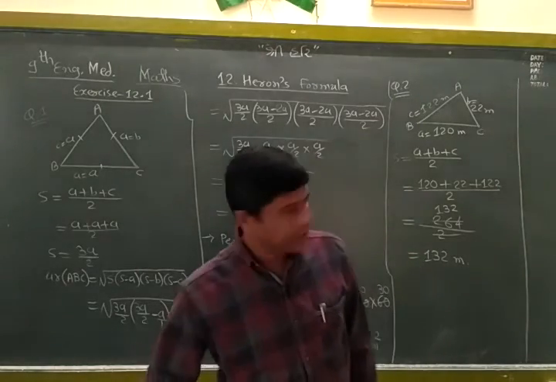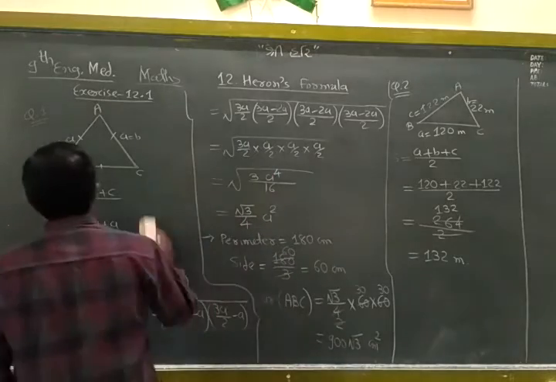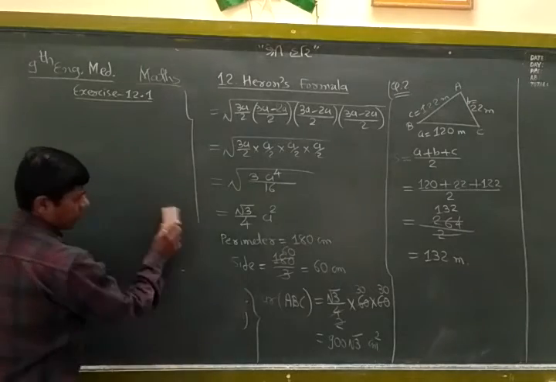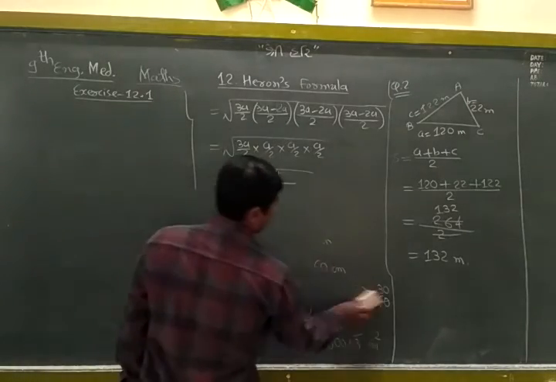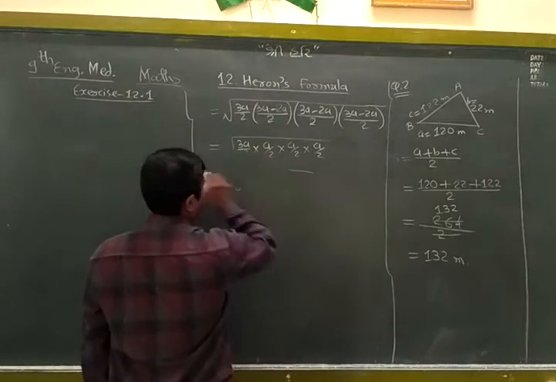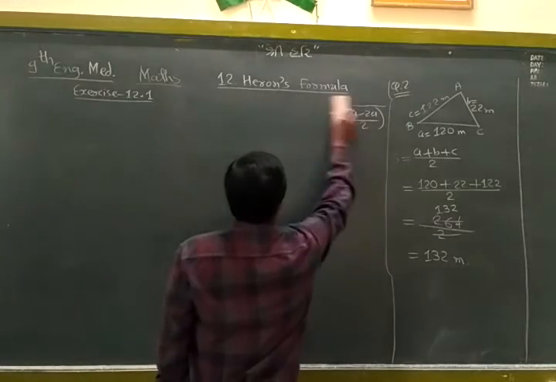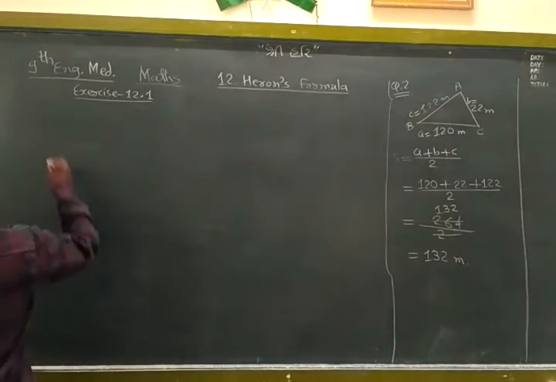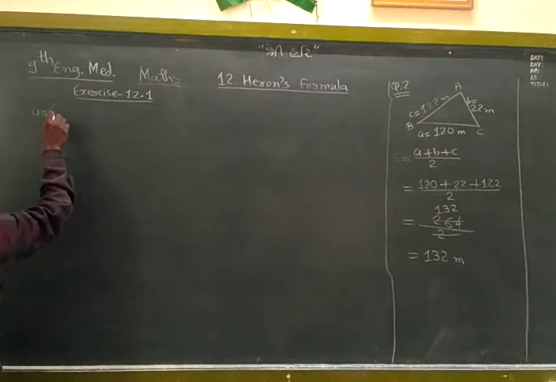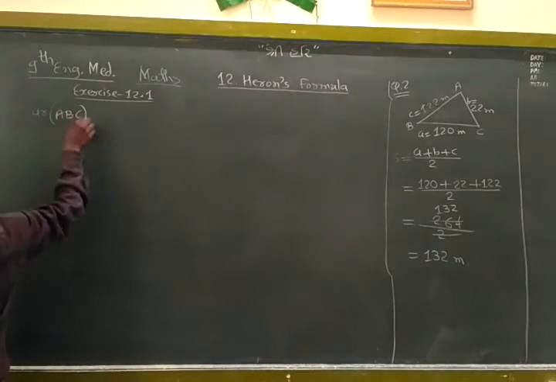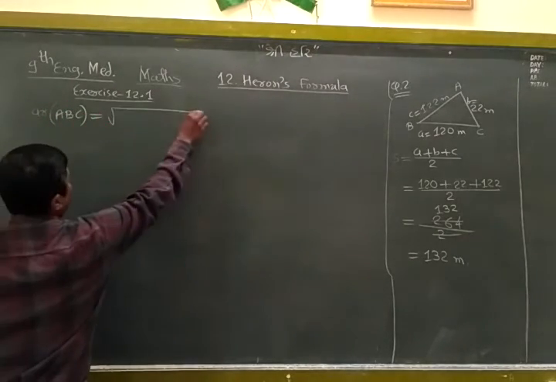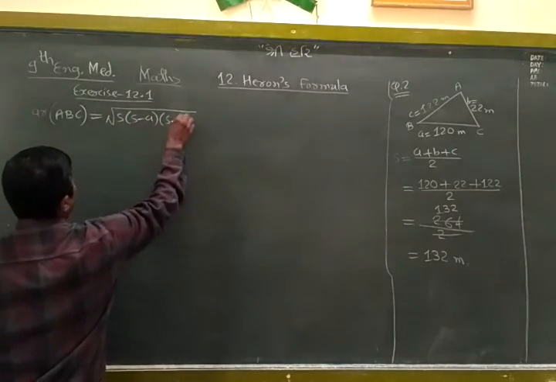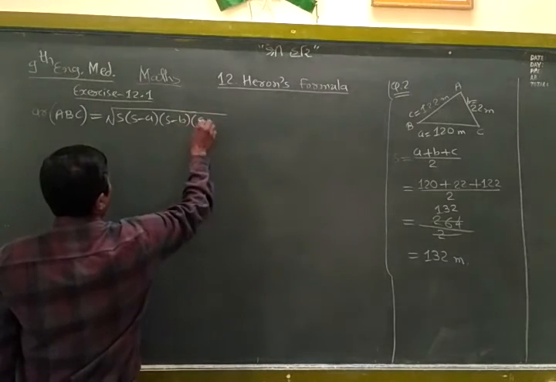Okay, so first the area of triangle ABC equals the square root of S into (S minus a), (S minus b), (S minus c).